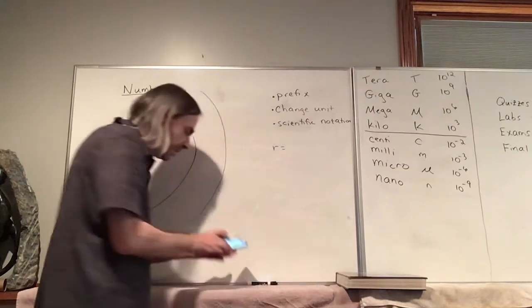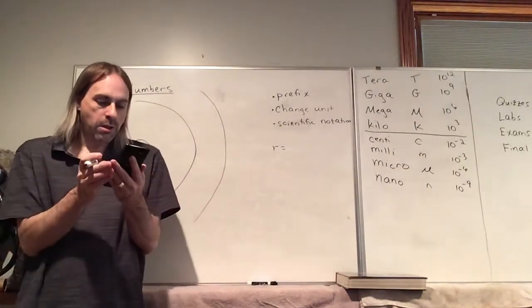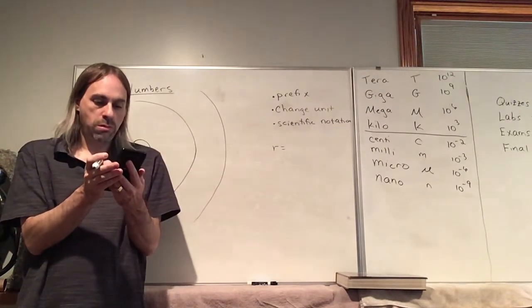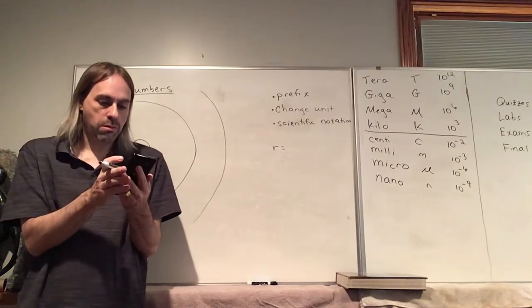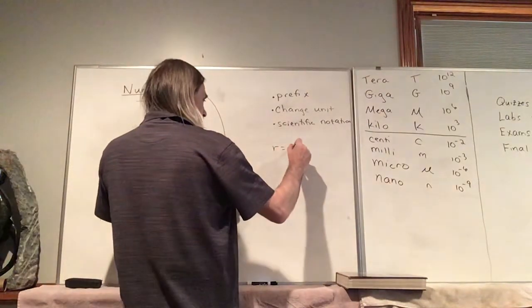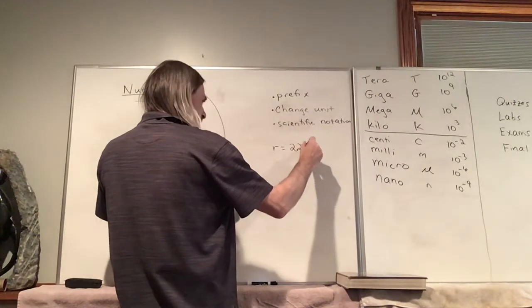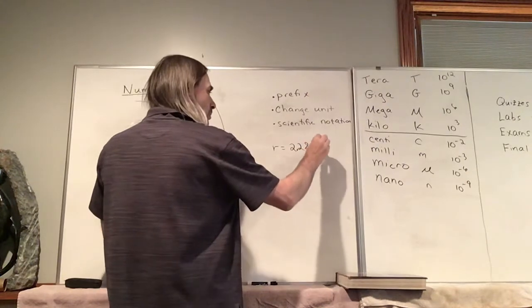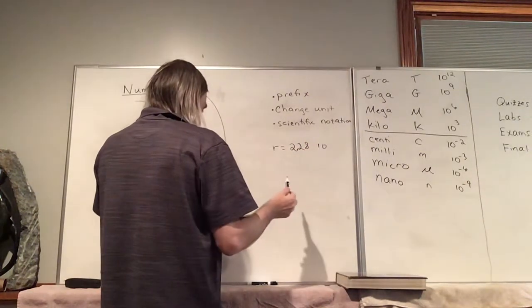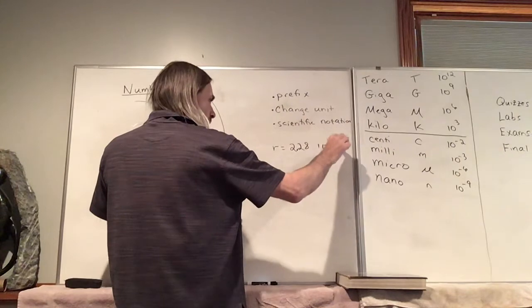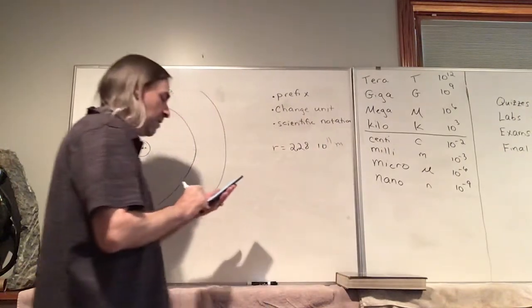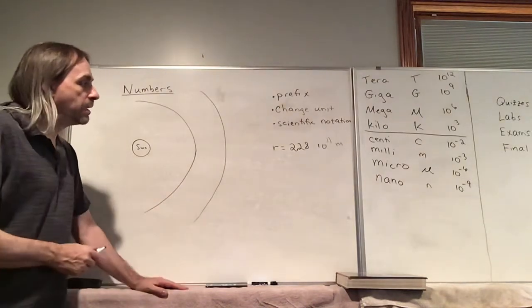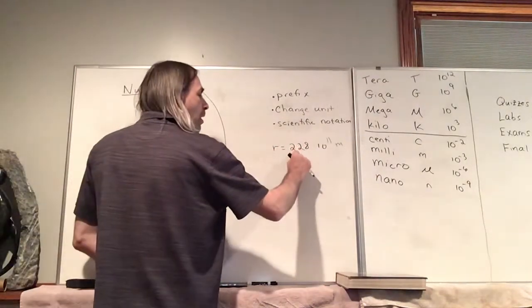This is coming from NASA. You can probably trust them. Say 2.28 times 10 to the 11th meters. Okay. So that would be the radius of Mars' orbit.